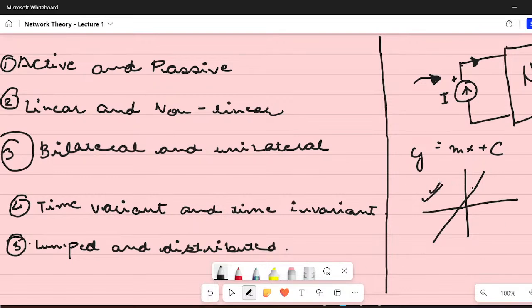Why? Because the characteristics are not passing through the origin. So a linear element would essentially be something of this sort, which passes through the origin. Otherwise, even an element whose characteristics are defined by the equation of a straight line will not be a linear element. Am I being clear?